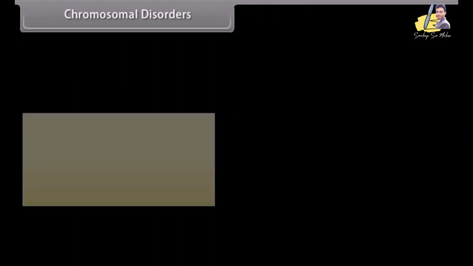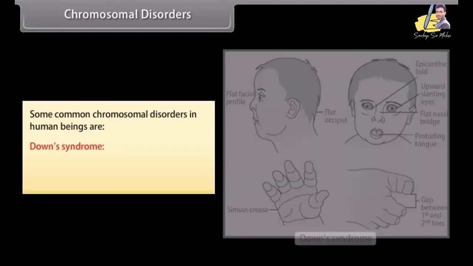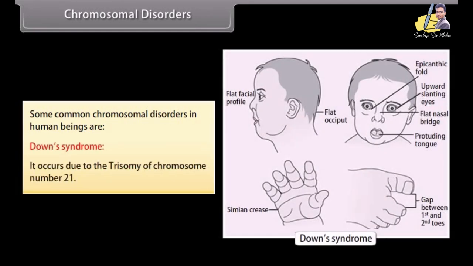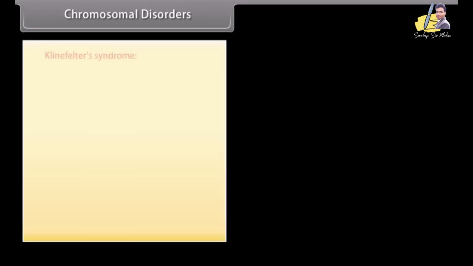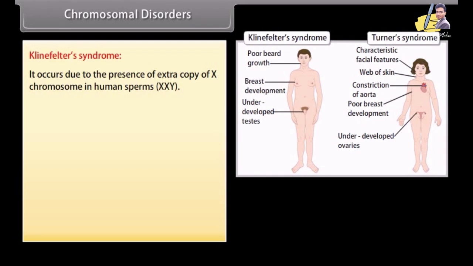Some common chromosomal disorders in human beings are Down's syndrome. It occurs due to the trisomy of chromosome number 21. Klinefelter's syndrome: it occurs due to the presence of an extra copy of X chromosome in human sperms, XXY.